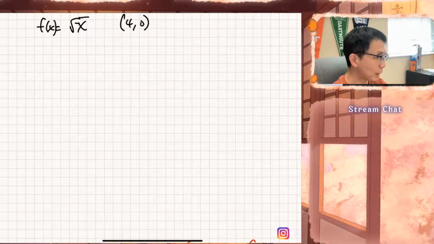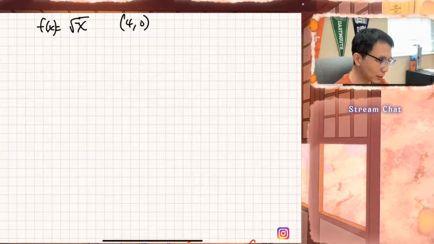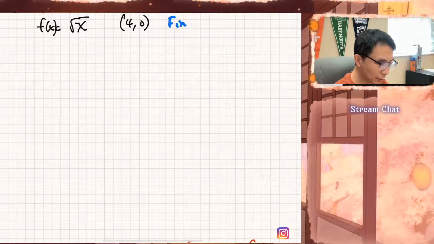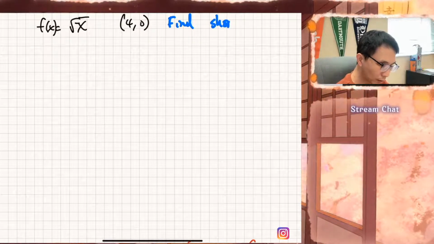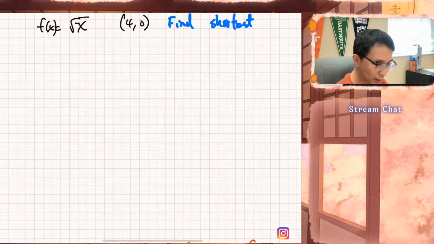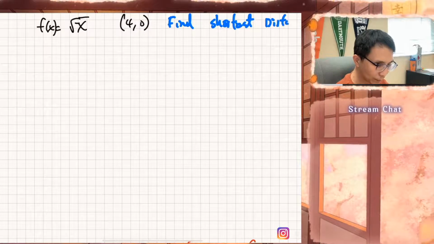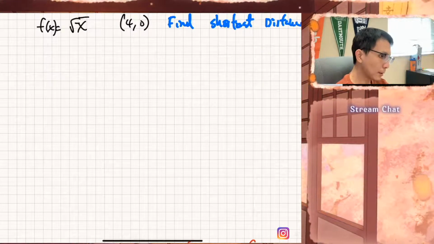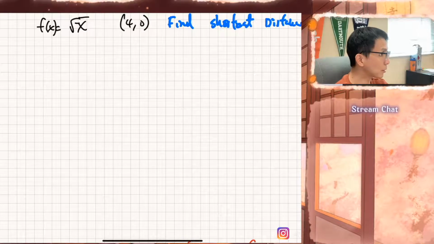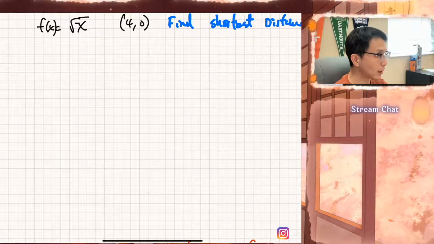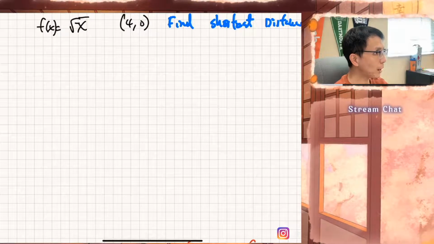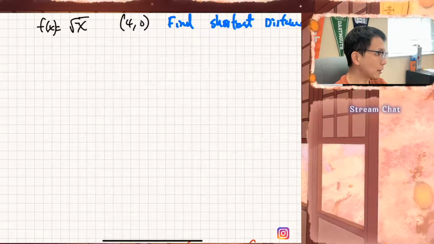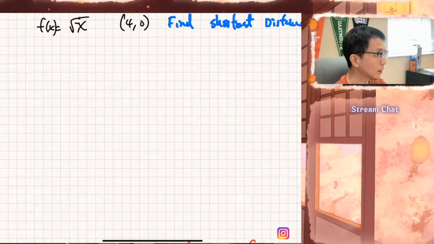So you've got one question: find the shortest distance from (4, 0) to the curve y equals square root of x. Find the coordinates of that point. The x value is going to be such that numerator plus denominator is 9.